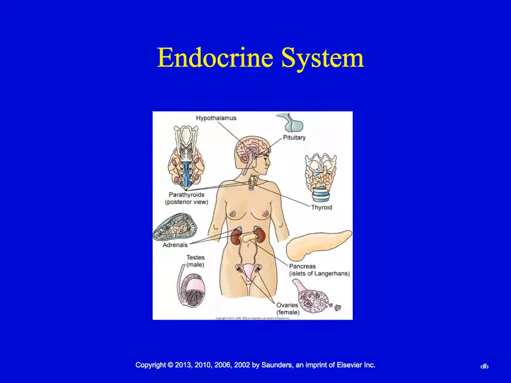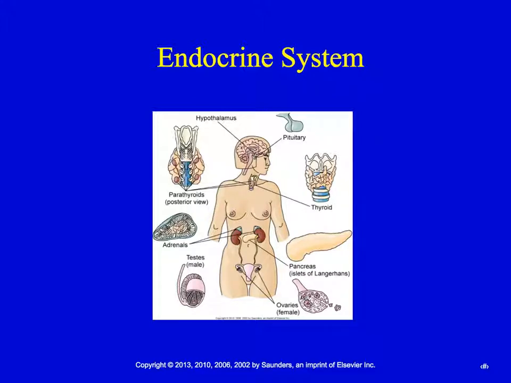So the major endocrine glands consist of the hypothalamus, the pituitary gland, and you have the anterior and posterior pituitary gland, the adrenal glands that sit on top of the kidneys. You have the thyroid gland, which of course is located up around the neck. The islet cells of the pancreas, the parathyroid glands, and the gonads.